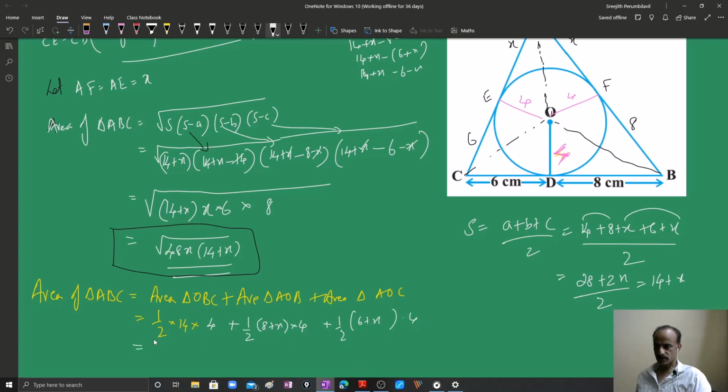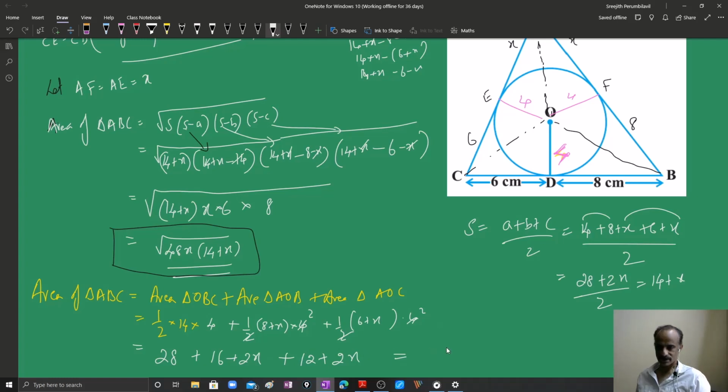This will be, 2's cancel, 7 4's are 28, plus 2 goes there. It will be 16 plus 2X, plus 2 goes, 12 plus 2X.